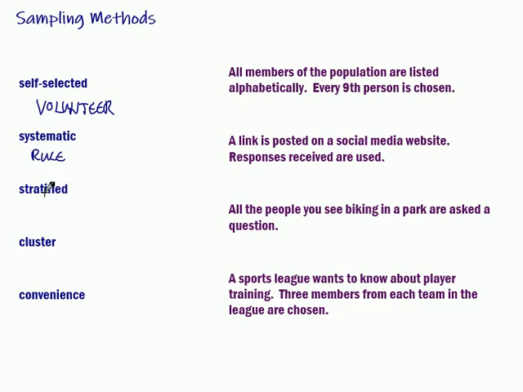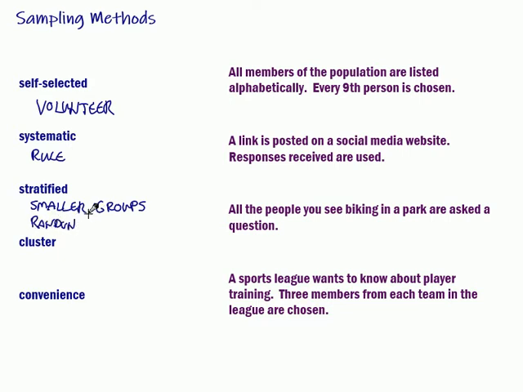A stratified sample, we break the population into smaller groups first, and then from each of those smaller groups, we pick a random sample or a random person or people or members of that smaller group. So smaller groups first and then random from each.